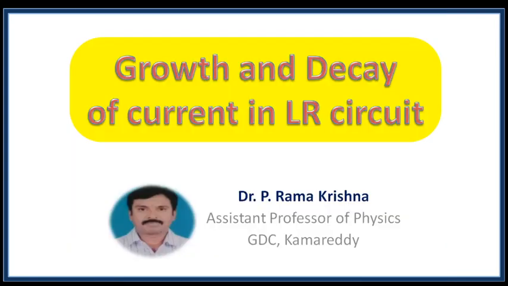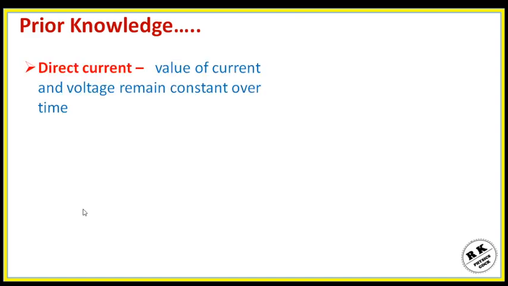First, let us look at the growth and decay of current in LR circuits. Before discussing, let us have some of the fundamentals related to this chapter. They are direct current. Direct current is a type of current or voltage which has a constant value over a period of time.